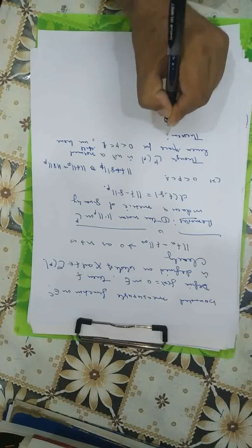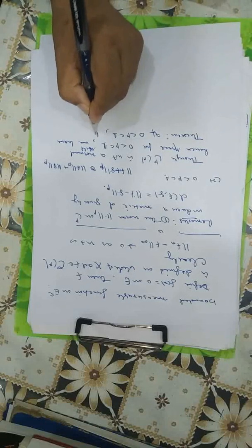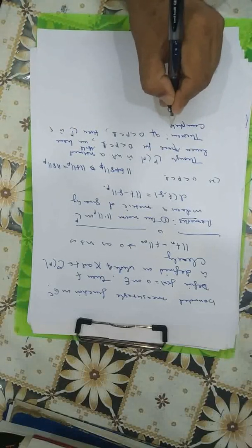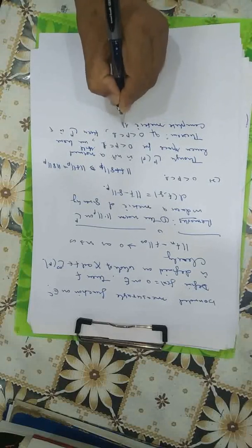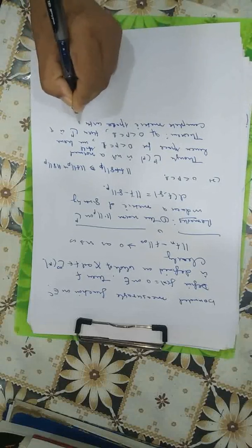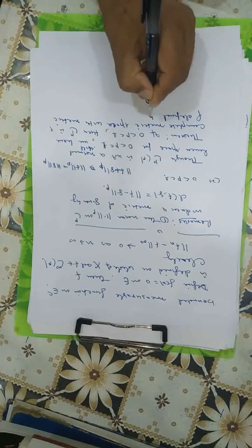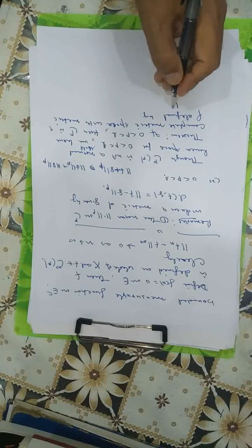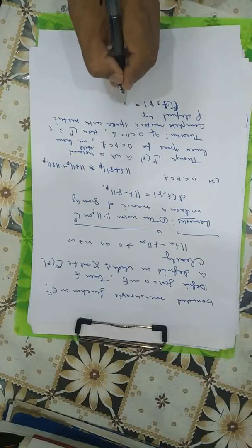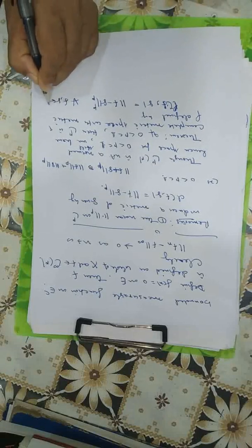I'll write in the form of a theorem. If 0 is less than p less than 1, then LP mu is a complete metric space with metric rho defined by rho of F, G equal to the norm of F minus G, for all F, G belongs to LP.